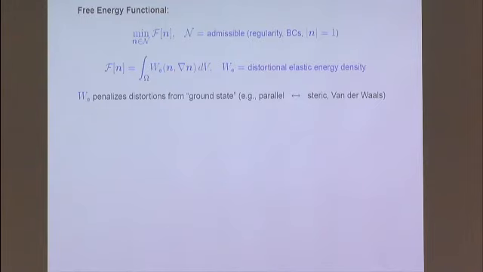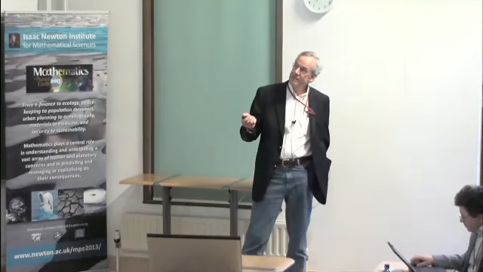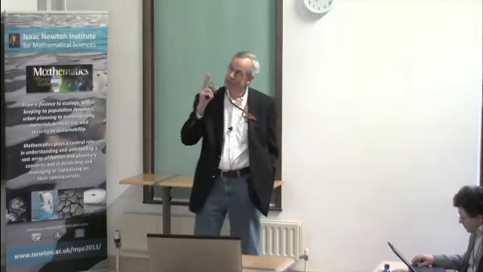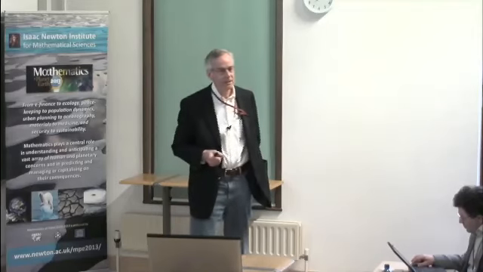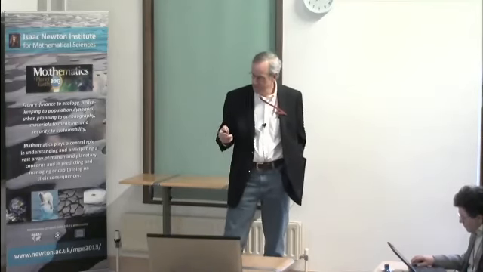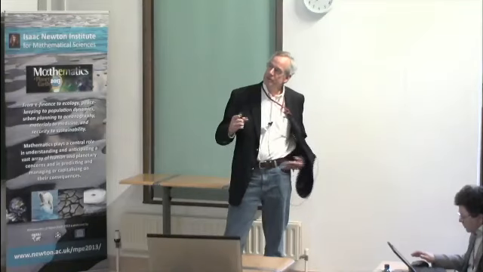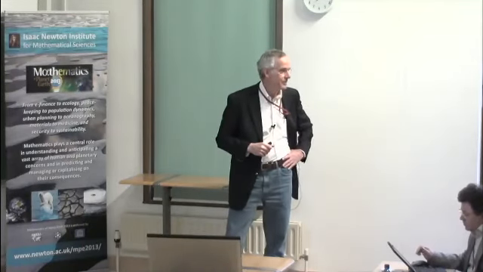Essentially, this is where all the modeling goes in: what to put into this density. The role of this density is to penalize the director field for departing from the preferred state of orientation. In the simplest, uniaxial and nematic version of the model, the preferred state of orientation is just local parallel alignment of the directors.